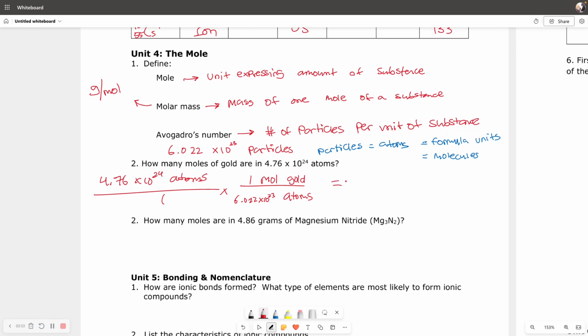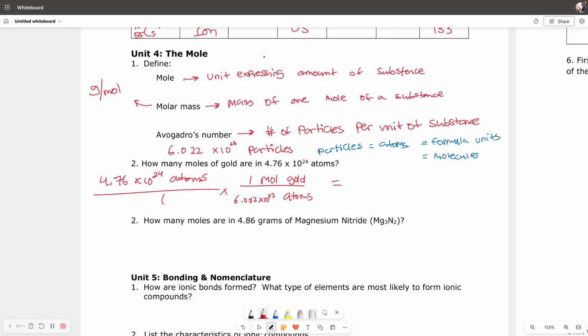When you plug this into your calculator, everything on the top gets multiplied. So 4.76 times 10 to the 24th times 1 mole. Click enter and divide by 1. Click enter. Divide by 6.022 times 10 to the 23rd. Click enter.